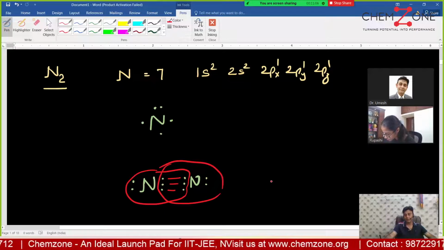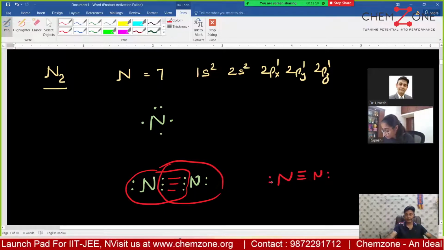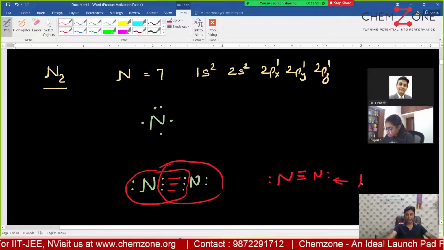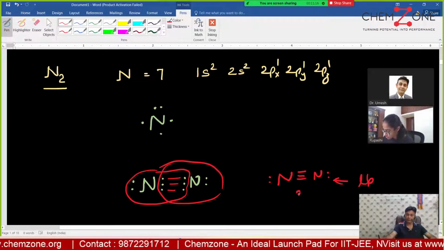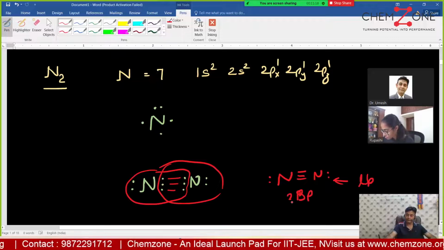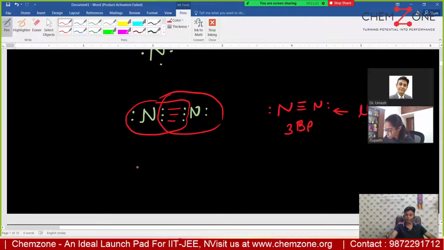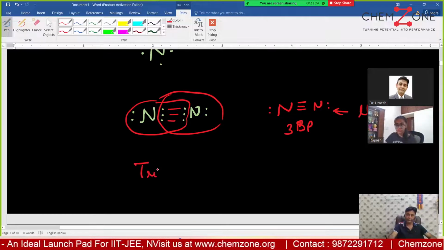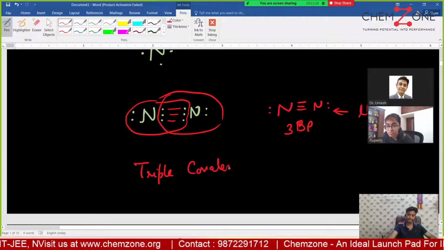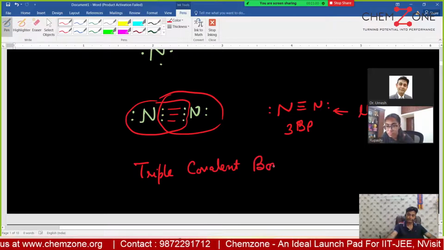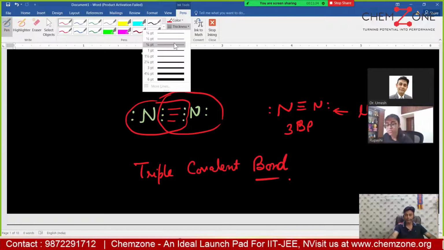So nitrogen, triple bond, nitrogen with one lone pair on each atom, and these are three bond pairs. So we say it's a triple covalent bond.